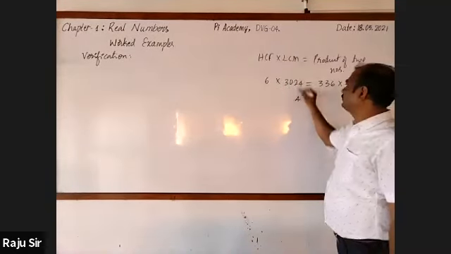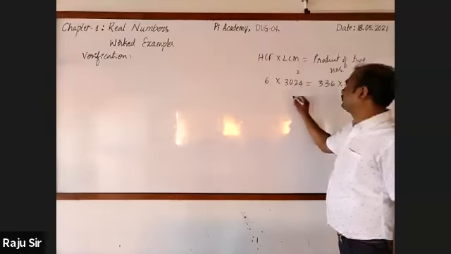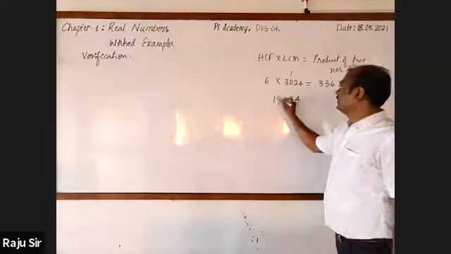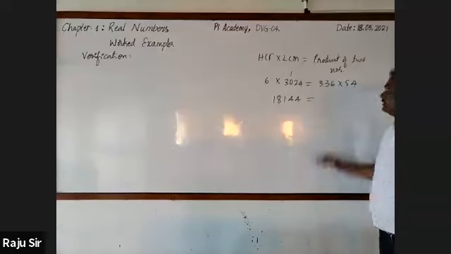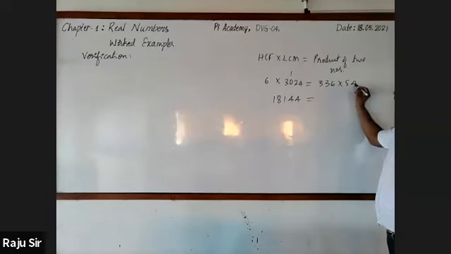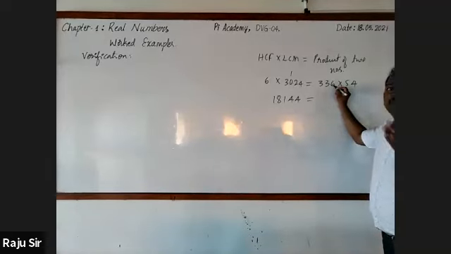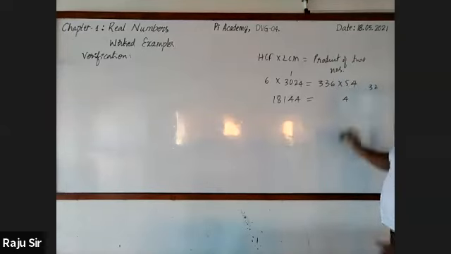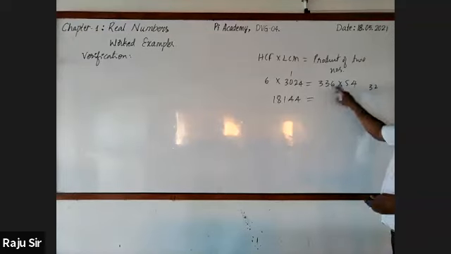Right? And they'll multiply this. 6 4s are 24. 6 2s are 12 plus 2, 14. Carry 1. 6 zeros are 0 plus 1, 1. 6 3s are 18. And they'll go for multiplying 336 and 54. 54 times 6 is 324. 32 is the carry. 54 3s are 162.